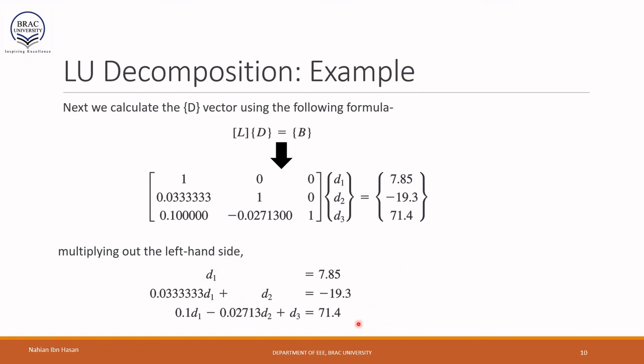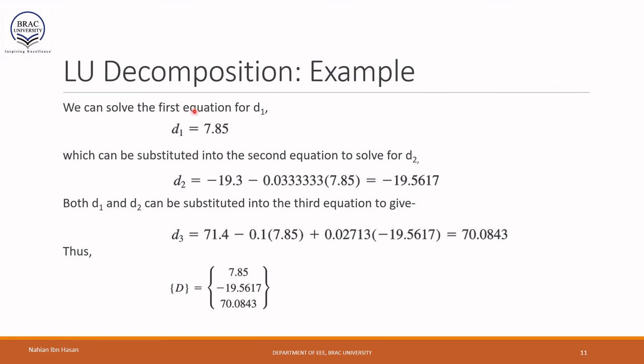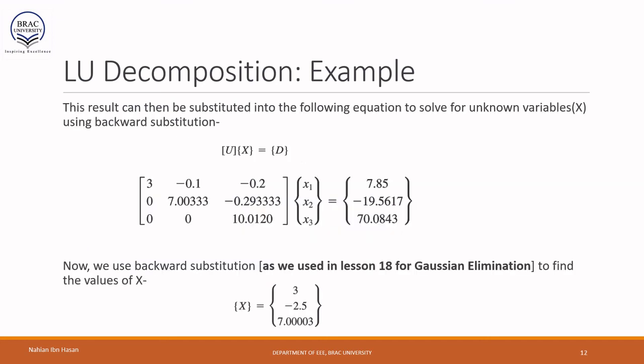So from these three equations, we can easily get the values of d1, d2 and d3, which are shown in this slide. d1 equal to 7.85, then we substitute this d1 into the second equation to get d2, then with the help of d1 and d2 we can get d3. So this is the D matrix, our intermediate solution. This is not the final solution. With this matrix we can get the final solution with the help of the upper triangular matrix.